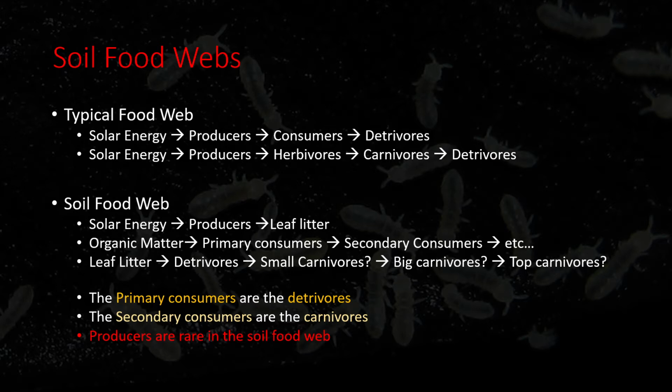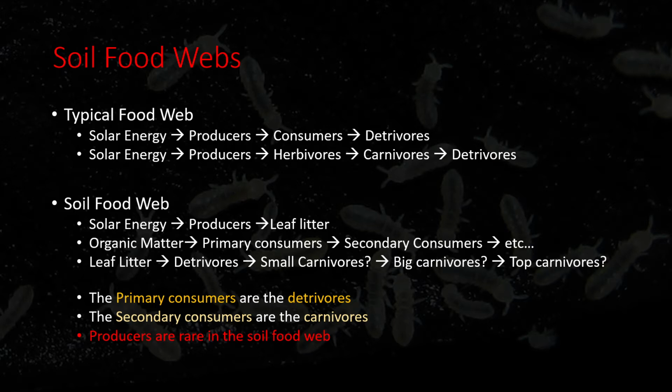So that brings us to our food webs. So your typical food web that you learned in first year environmental science that you might have brought with you from high school, you start with producers. So I'm going to start with solar energy because that's where the producers are getting their energy from.